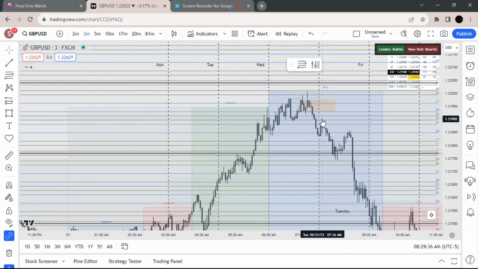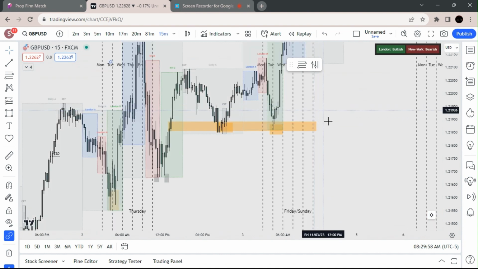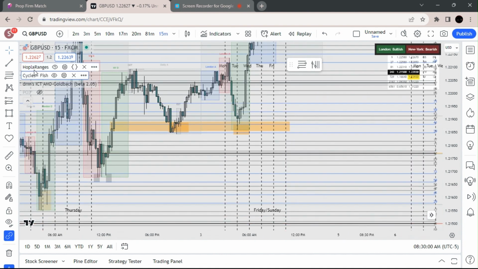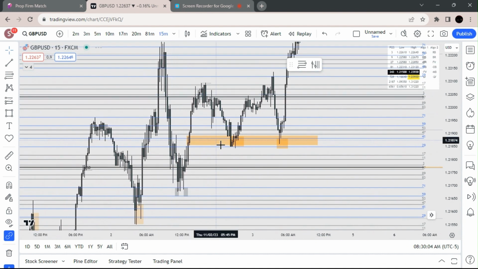And then if that's still not high probability enough, go to a 15-minute time frame and wait for a complete rejection and reclaim from there, and then go to a lower time frame and look for entries. So if I was to turn this off, you can see rejection, come up, reclaim this area, long.